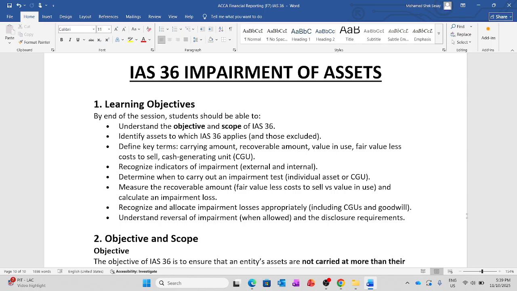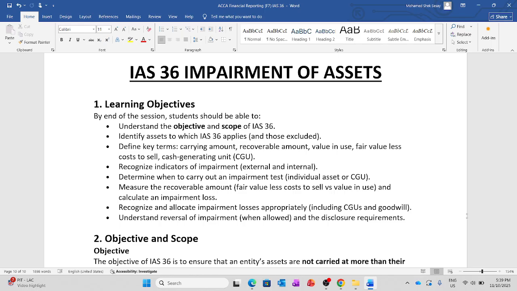Let's assume it can produce 9,000 or 9,500 units of product X. It means the asset cannot meet the required economic resources from its utilization, so that particular asset has been impaired. This is the concept, and this is the reason why we do an impairment review, to ensure that we keep our assets updated in the financial statements.